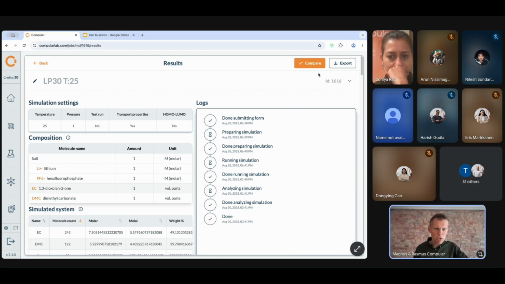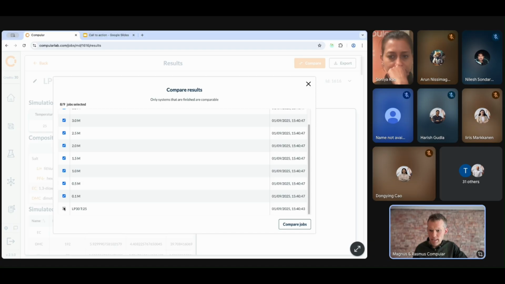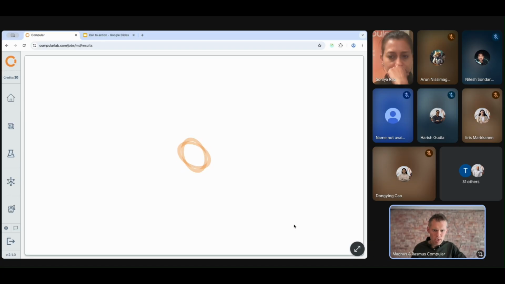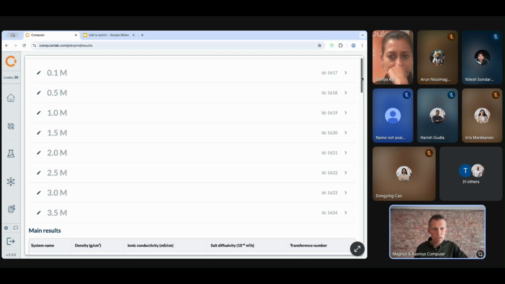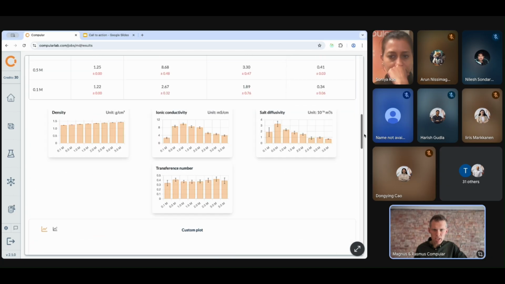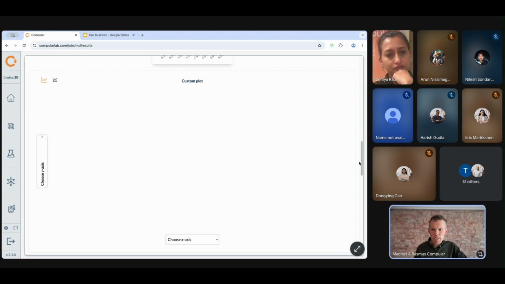And of course, usually you would want to compare different systems. So let's take this same system that I showed in the beginning with the different salt concentrations, but the same temperature and everything else. Here you can see different properties for these, and the best thing here is that you can make custom plots.